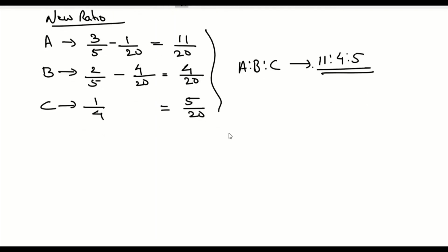Now let's move on to the next question. Question number 30. P, Q, R share profits in the ratio of 5:3:2. S was admitted into partnership. S brings in rupees 30,000 as his capital.